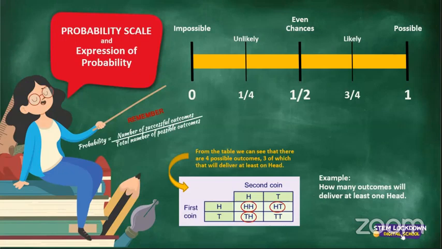So in this instance, how would we express the probability in terms of a fraction? Who can give me the fraction for this current event that we are dealing with? So 3 of which will deliver at least 1 head. So what would be the fraction for this?